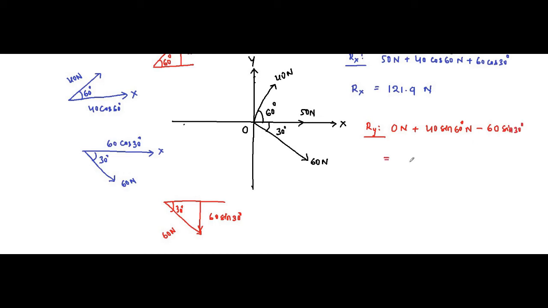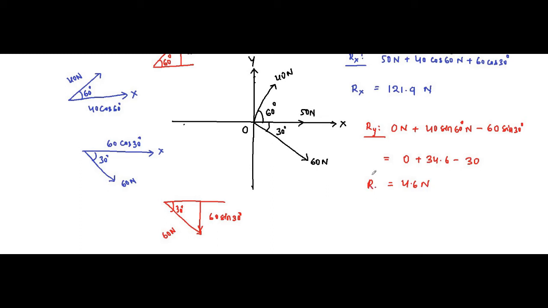So that is equal to 0 plus 40 sin 60, it is coming around 34.6, and 60 sin 30 degrees, 1 by 2, that is equal to 30 Newton. So it is coming around 4.6 Newton.